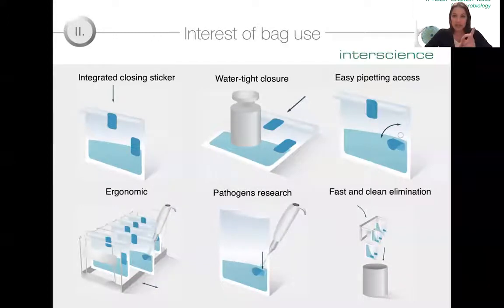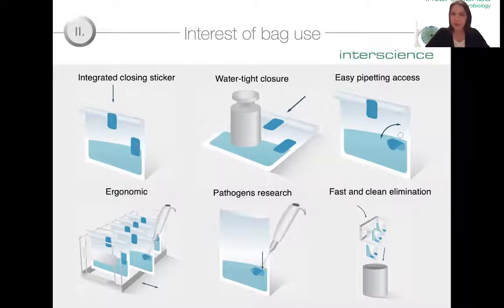The integrated closing sticker that we looked at just now, if you roll it 3 times upon itself, you get a watertight closure. Then on the right, the sticker that you peel off to access the filtrate. This is pretty ergonomic because you can slide it in and out of a rack that we have to organize your bags.